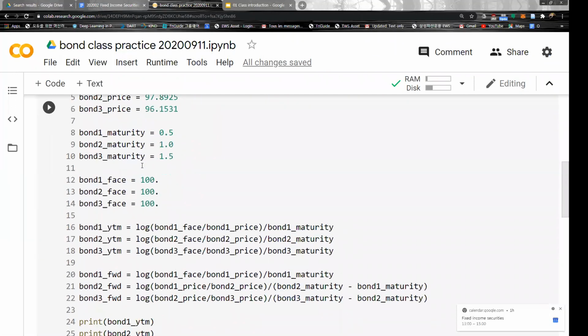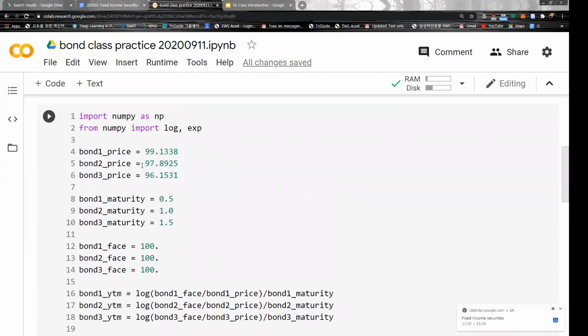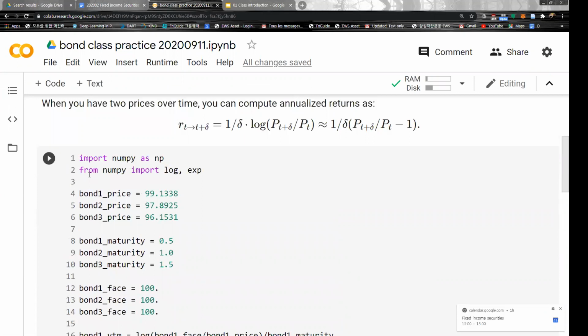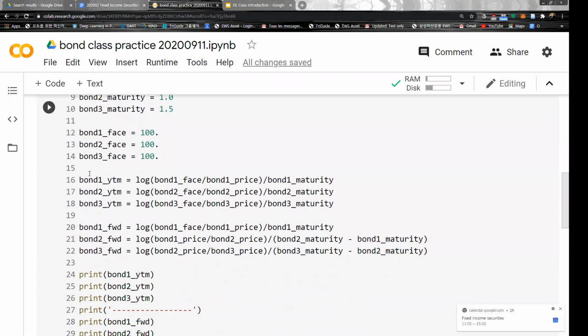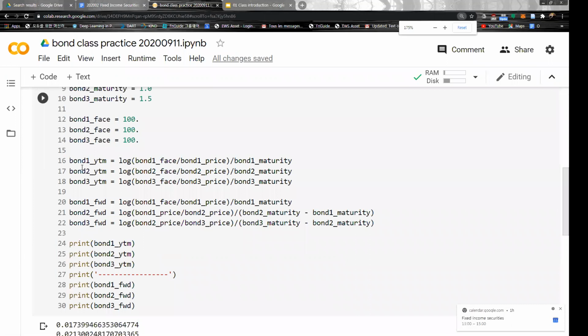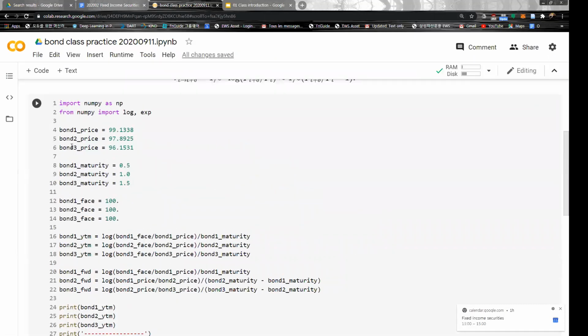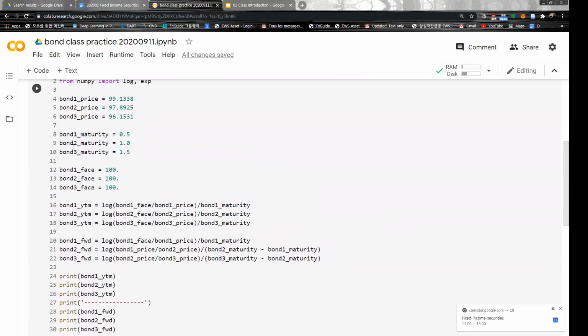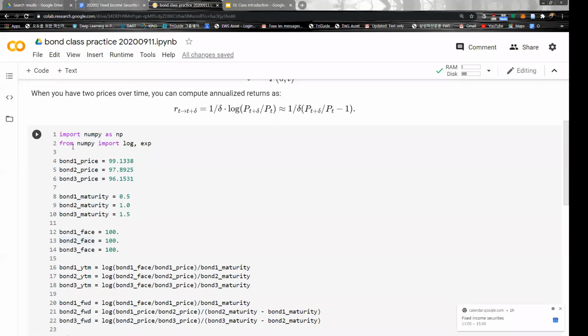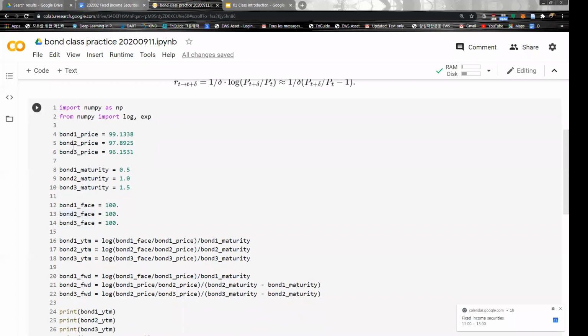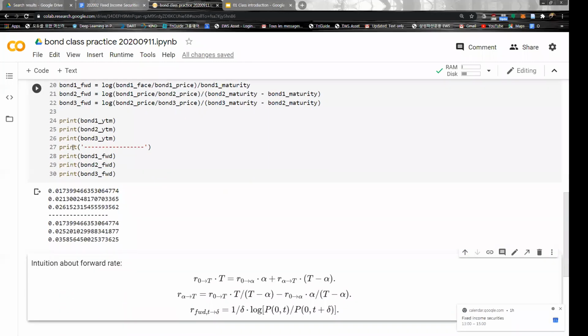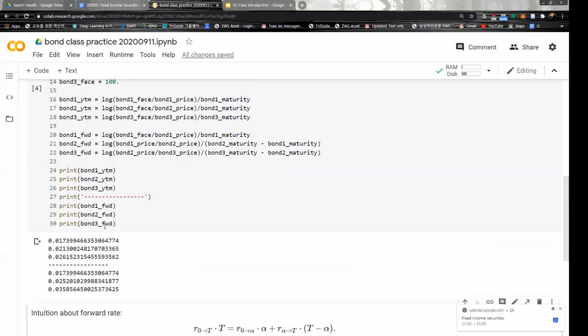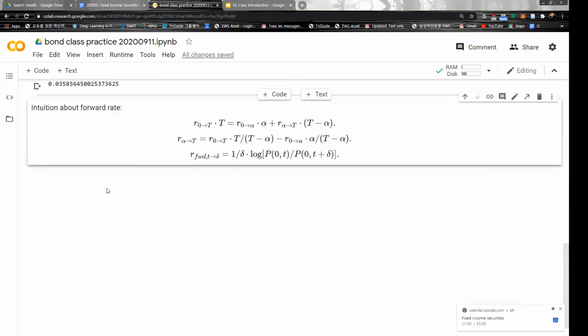Actually we did that, but this whole code is highly inefficient. We can make this code more efficient by using object-oriented programming, by using a Python class. So let's do a Python class and make this code easier.